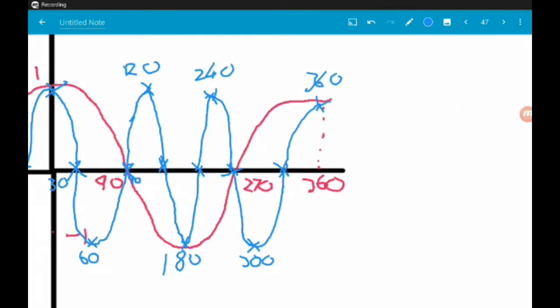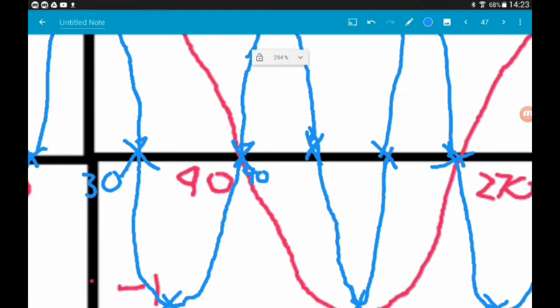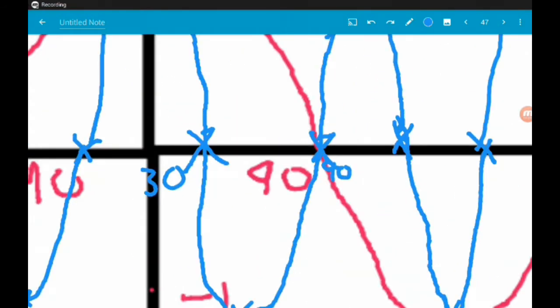Okay, so there's how it's looking on our positive part of the x-axis. So we've got peaks at 0, 120, 240 and 360, and troughs at 60, 180 and 300. Now, let's also go through and label the x-axis. So, you can see we've got the first two in, 30 and 90.